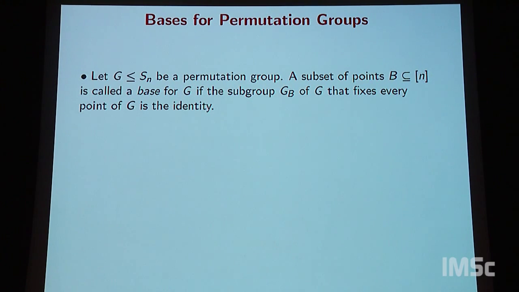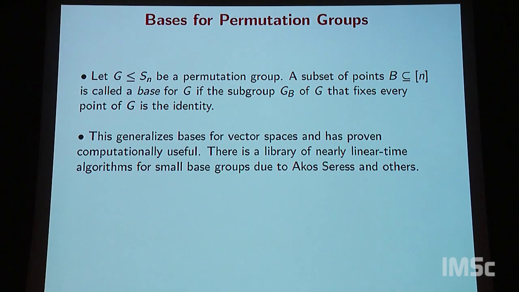So suppose G is a subgroup of Sn. A subset of points is called a base if the pointwise stabilizer of that subset is the identity. Okay. So if G is given by an arbitrary generating set, how easy is it to find a small base for G, the optimal, a minimum cardinality base for G?